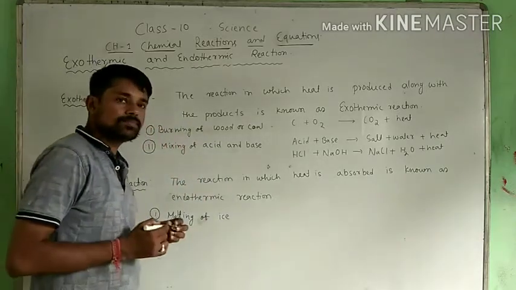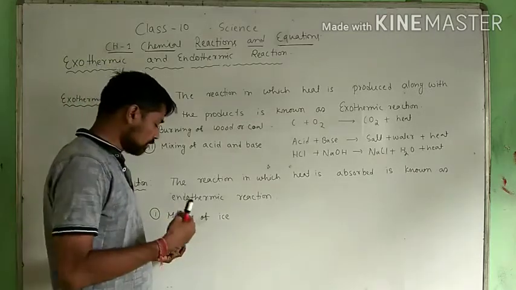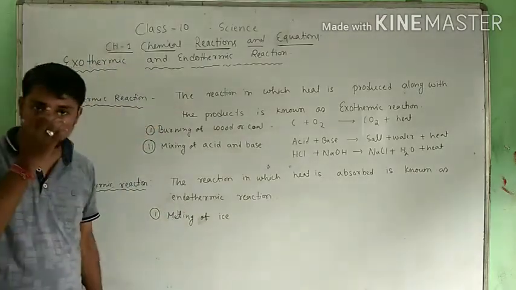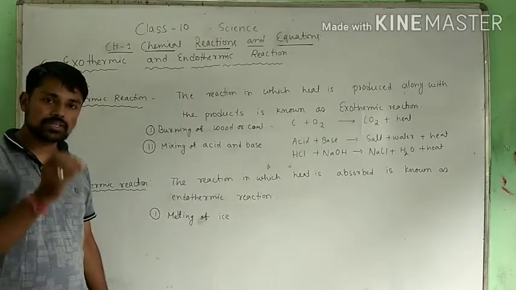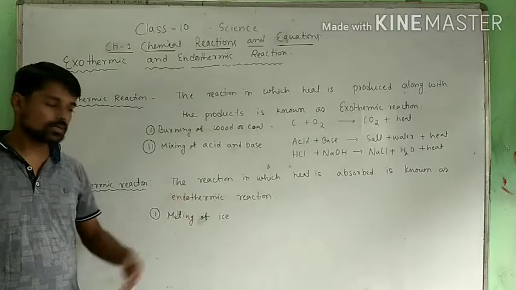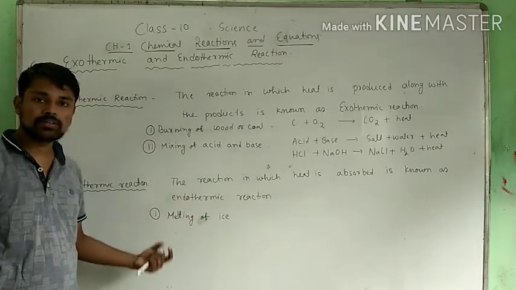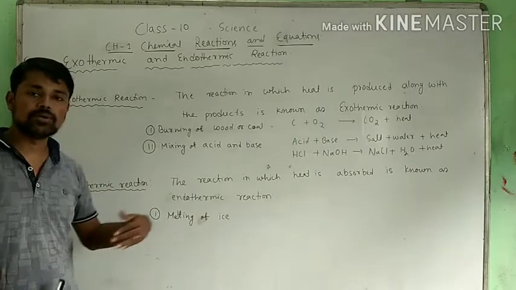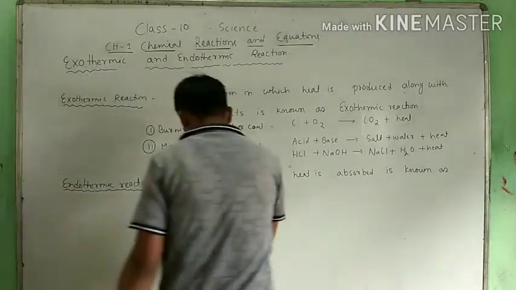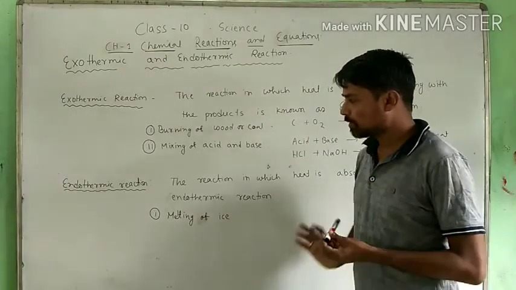Whenever we have to melt ice to water, or whenever we have to convert ice to water, what do we do? We apply heat and it is converted to water. So in this reaction what happens? Heat is required to produce the product. So melting of ice is an example of endothermic reaction.